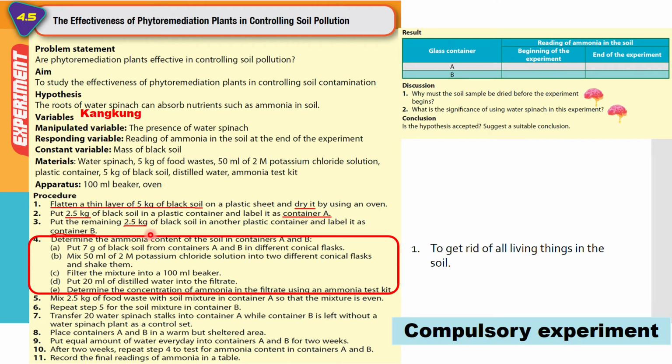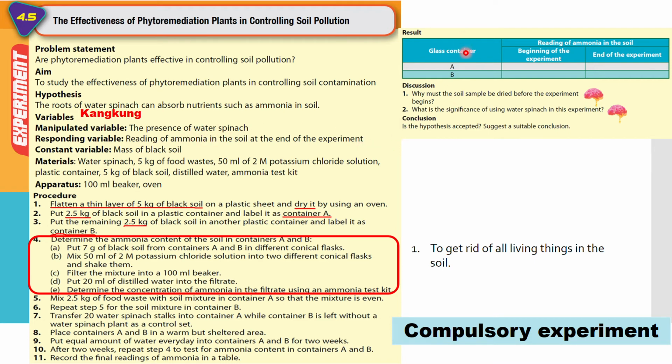Number 4 here is actually the steps to determine the ammonia content in soil in 2 containers. Same as previous ones, we have 2 sets, container A and B. Container A will have the presence of water spinach, container B without the water spinach.